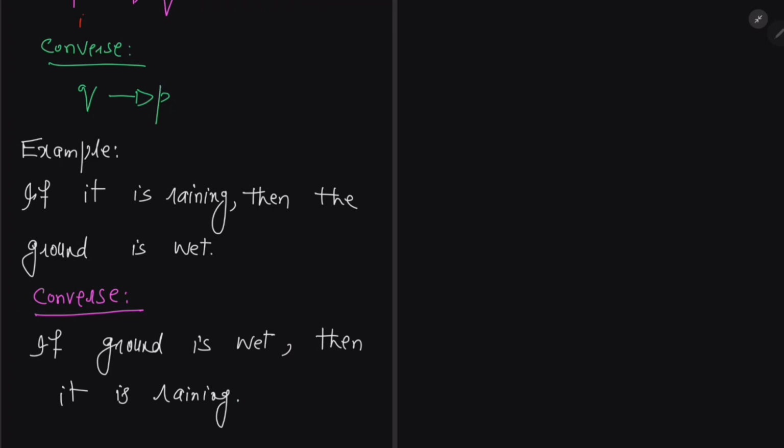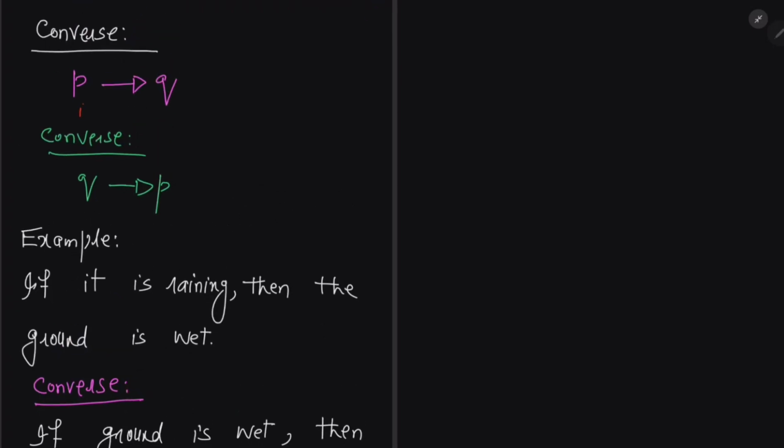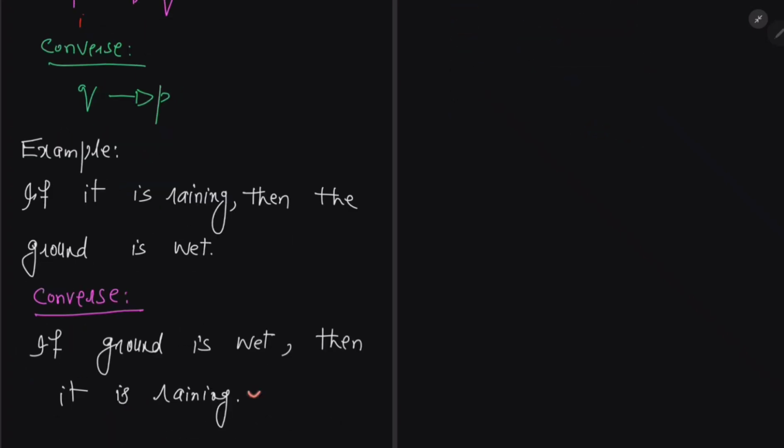Now the converse might not be true. Why would it not be true? If someone is looking at the ground and that ground is wet, the ground can be wet due to other reasons as well. There might be water coming from sources other than rain. So this statement may or may not be true.